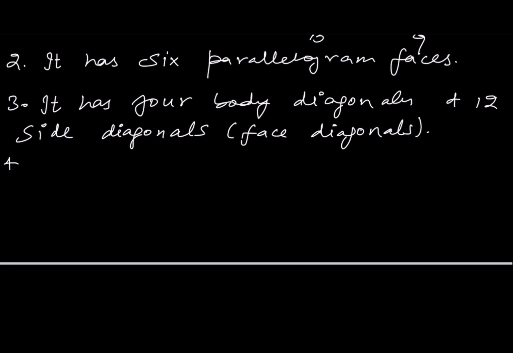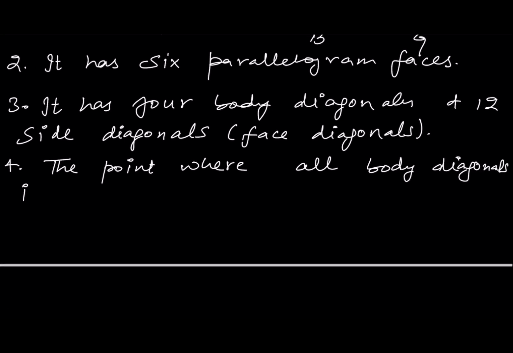Point number 4, the point where all body diagonals intersect is called the centroid of the parallelepiped.